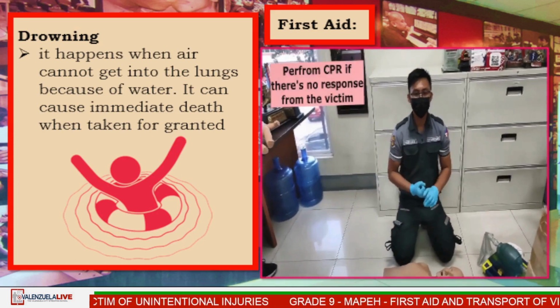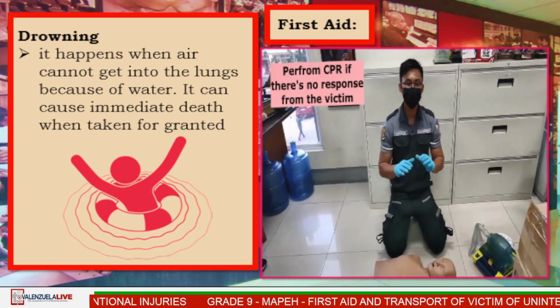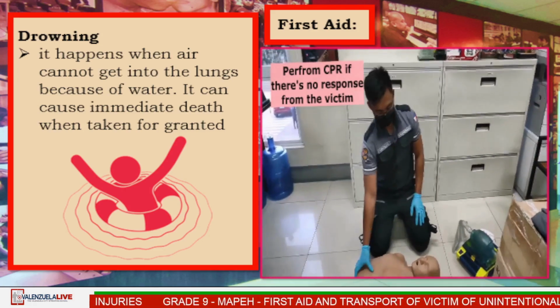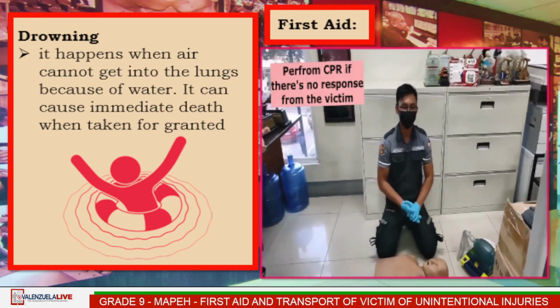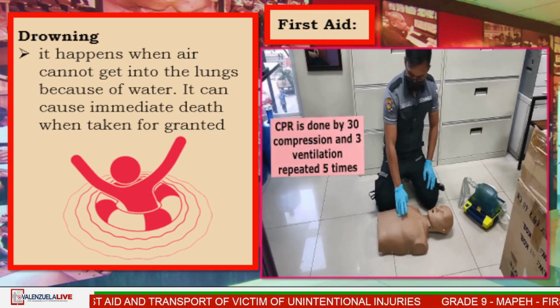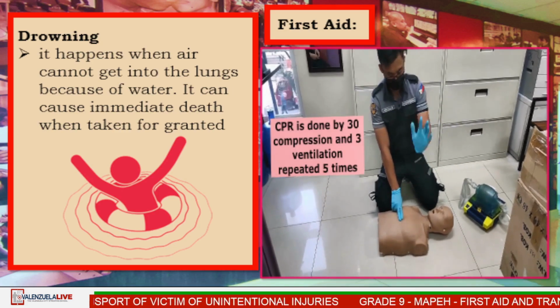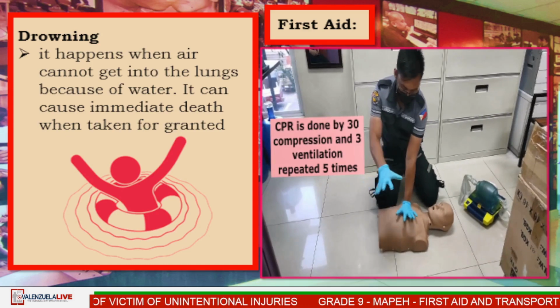If there's no pulse or breathing, you may perform CPR or cardiopulmonary resuscitation. CPR is done by 30 compressions and 3 ventilations, repeated 5 times.